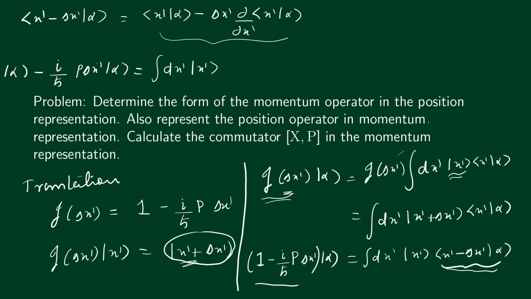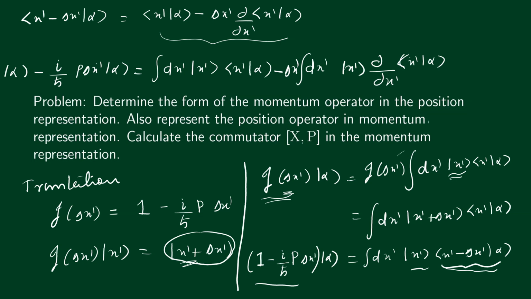So there will be a term bra x prime ket alpha, and we can separate these terms again, minus integral dx prime ket x prime, here I have delta x prime partial derivative with respect to x prime of bra x prime ket alpha. This infinitesimal parameter delta x prime can be pulled out of the integral.